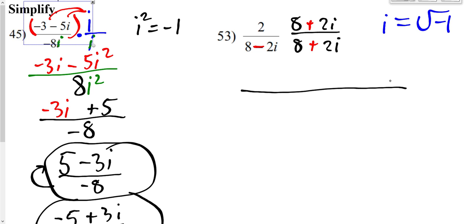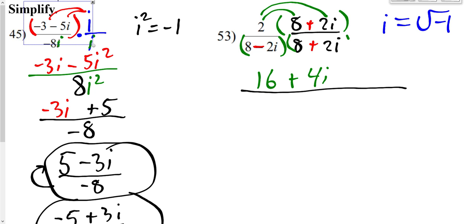So on the top, we just have a 2 times 2 terms, so I can distribute that in. So that's a 16 plus 4i. On the bottom, I have 2 terms times 2 terms, and so I can just double distribute. 8 times 8, 64, plus 8 times 2i is 16i.